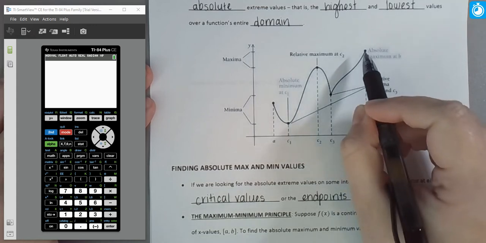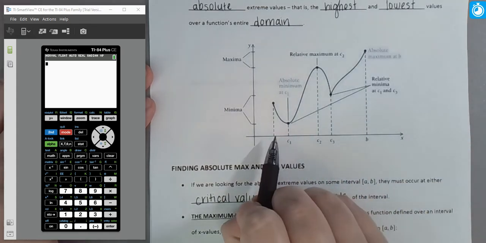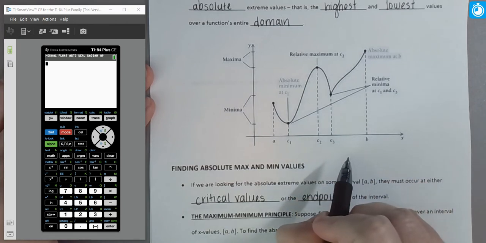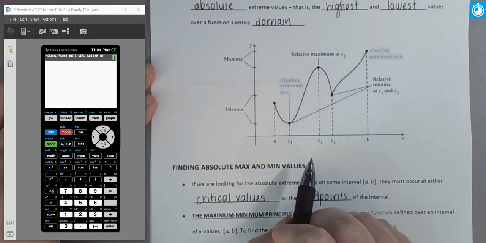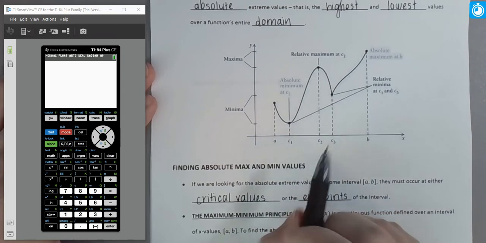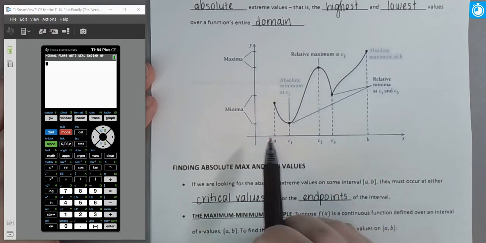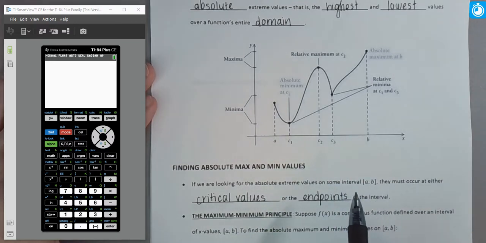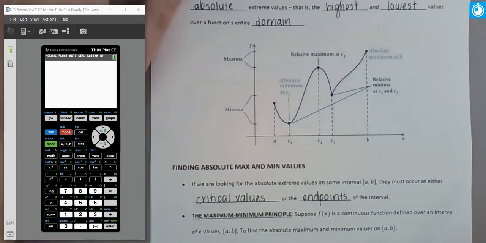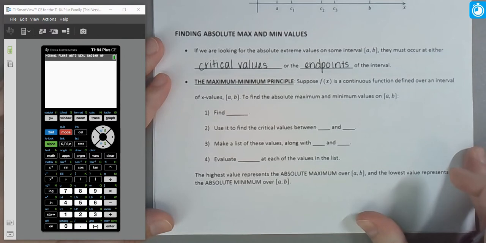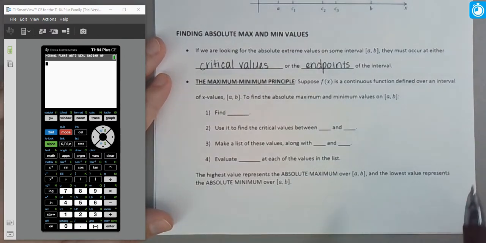The absolute maximum happens to occur at the end point of the interval that goes from x equals a to x equals b. So if we want the truly highest or lowest point on our graph, it's going to occur either at the location of a critical value or at one of the end points on the interval that we're checking. So that's going to lead us to what we refer to as the maximum and minimum principle.